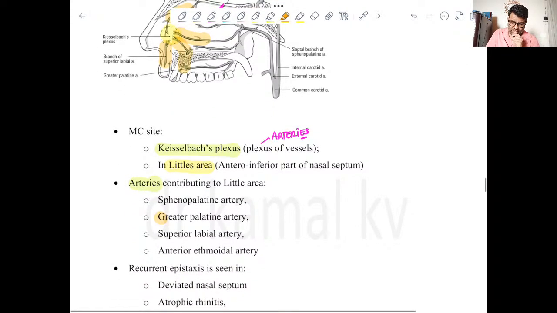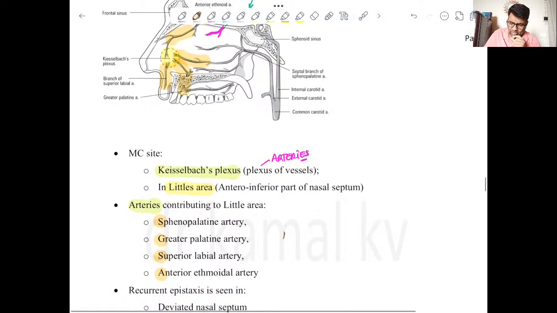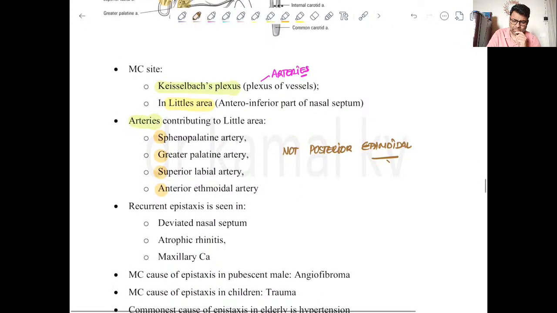So these are the four arteries: sphenopalatine, greater palatine, superior labial, and anterior ethmoidal. The only thing which you need to remember, that not posterior ethmoidal. And if there is a question, you can save a lot of time, right? So just remember this particular fact here.